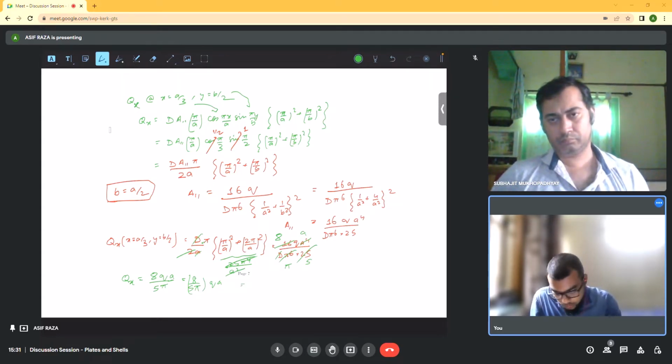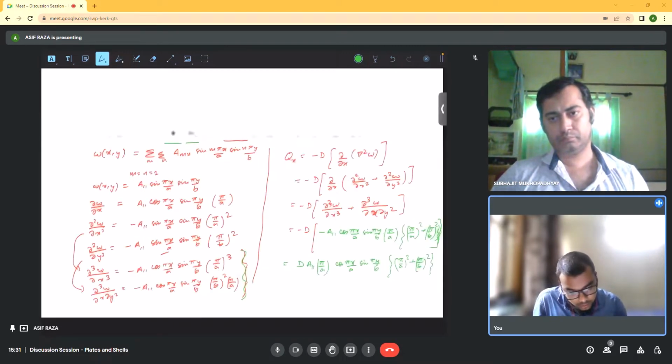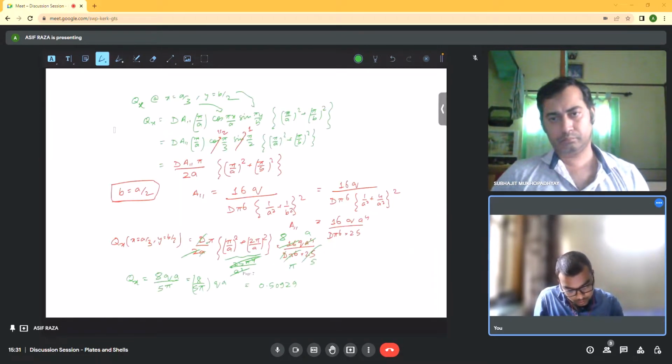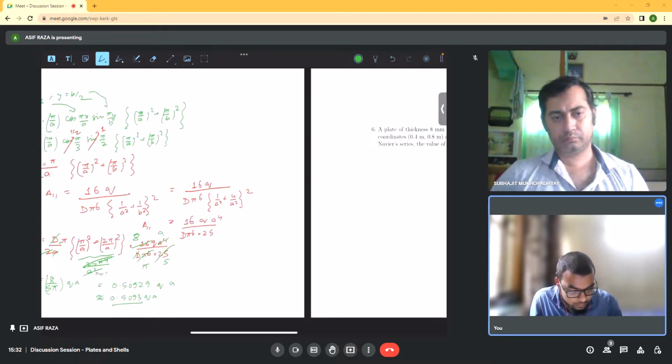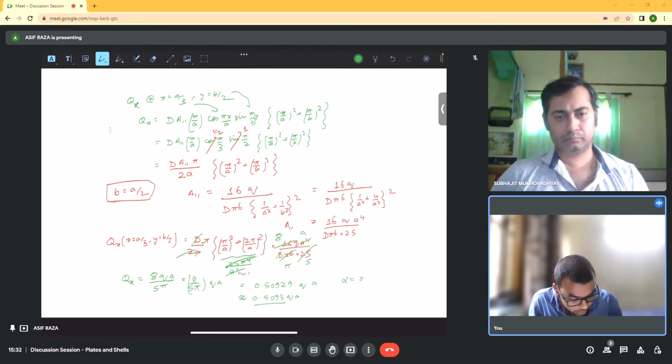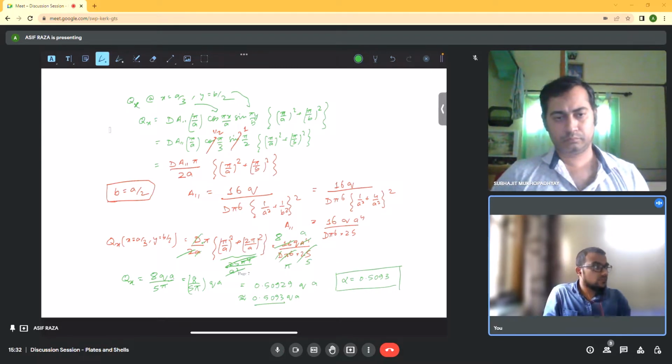So this is equal to 0.50929, and to 4 decimal places 0.5093. Okay, so this is equal to 0.5093 q a. So alpha value is 0.5093. Okay.